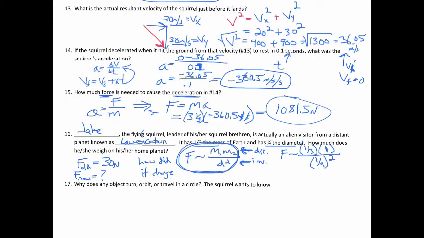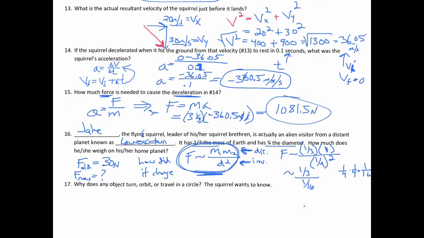I'm just plugging in how things changed into this relationship. So I have 1/3 on the top, and 1/4 squared. 1/4 times 1/4, I multiply the numerators, I multiply the denominators, I get 1/16.